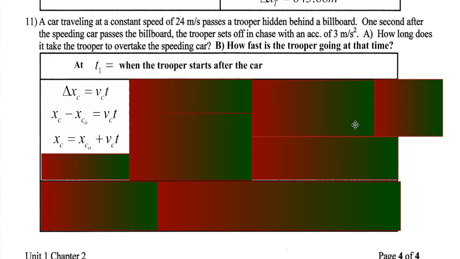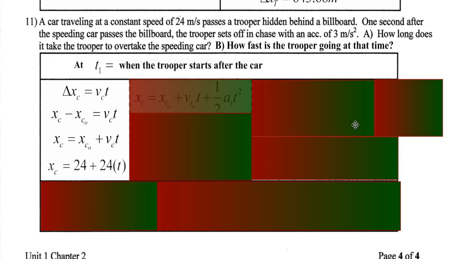We want to use this one, right, where the final position of the car equals, before we would always put vt plus xo. So using this equation, the car is going to start at a position of 24 meters because it had that second to go before the cop goes, and then he's moving at a speed of 24 meters per second.